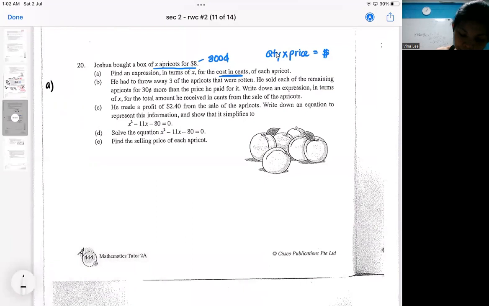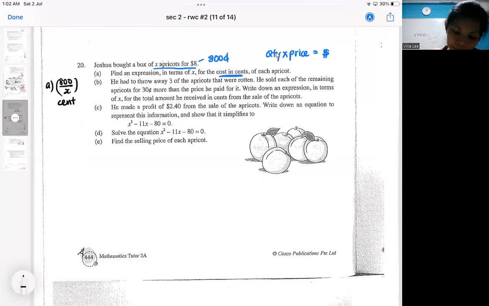So part A, it will cost 800 over X cents. That is the price of one apricot, the cost price of one apricot. The 800 cents is the cost price for the X apricots.